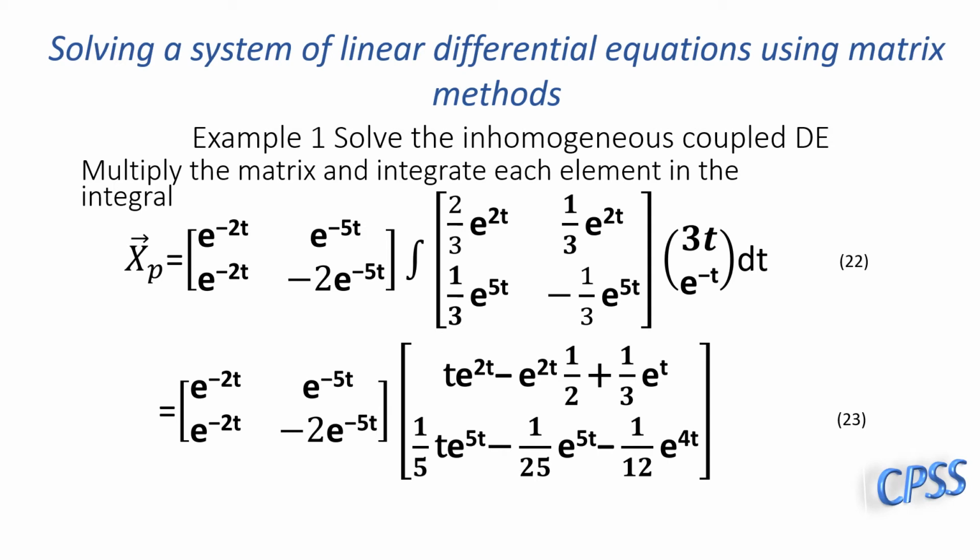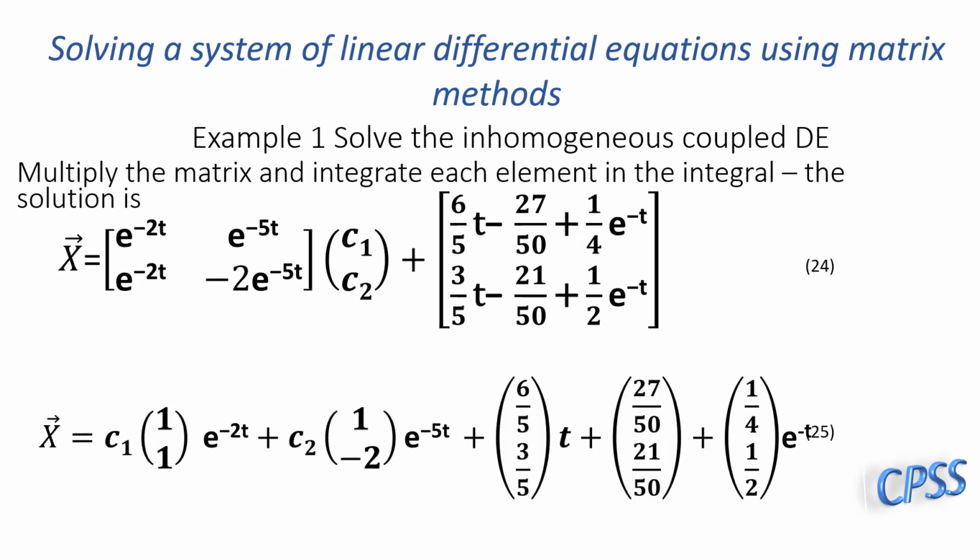Here's a particular solution. And you further simplify it. And here's the solution in one form of equation 24. You can see that you have a matrix multiplied out, but you can separate these out into column vectors.